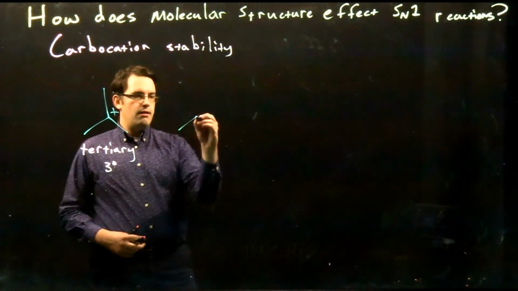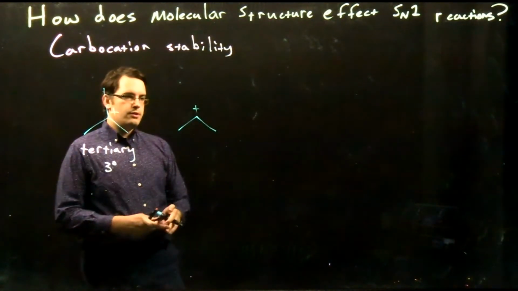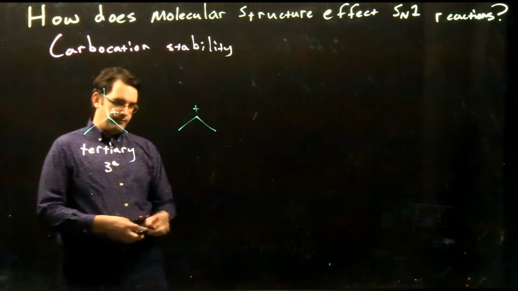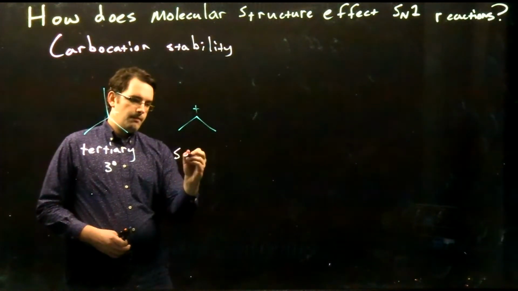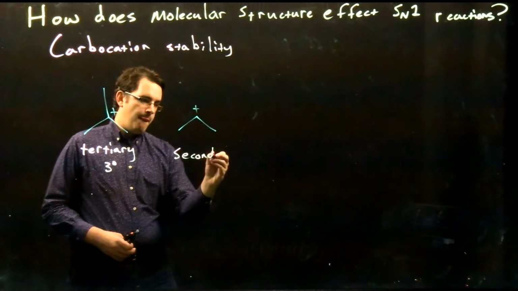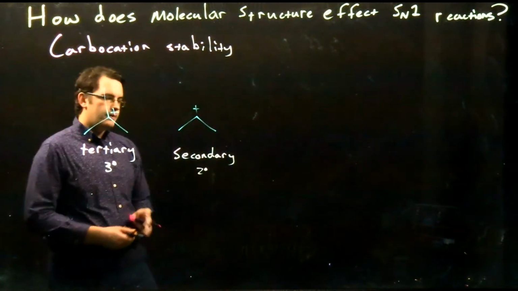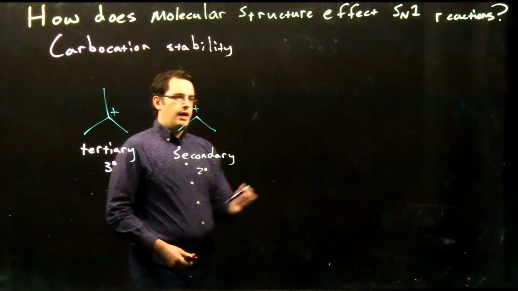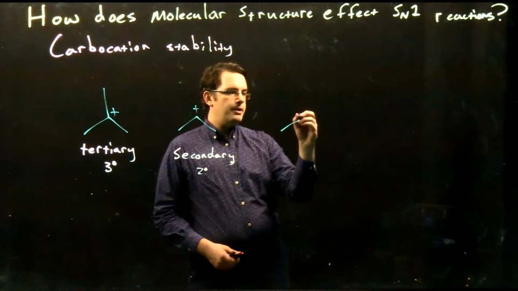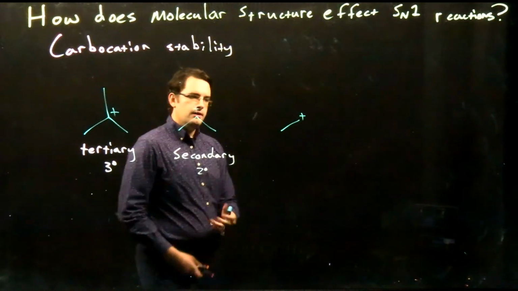Secondary carbocation would have 2 other bonds to carbons. And we write that 2 with a degree sign. And we can then have a primary carbocation with 1 bond to carbons.